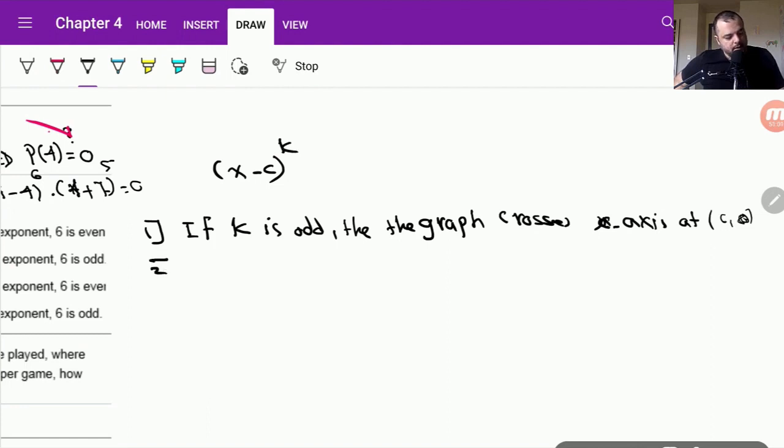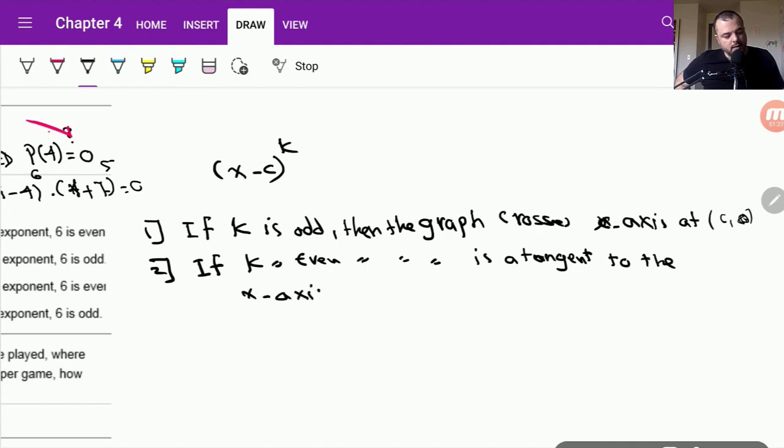The second case: if k is even, then the graph is tangent to the x-axis. Where exactly is it going to be tangent?